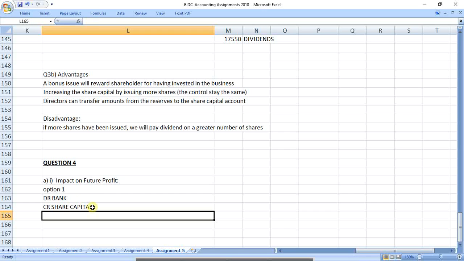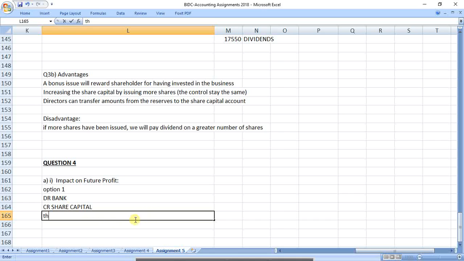Is this going to affect the profits? No, it won't. This won't affect future profits. If I issue more shares, it's not going to affect the profits. It'll affect the dividends possibly.